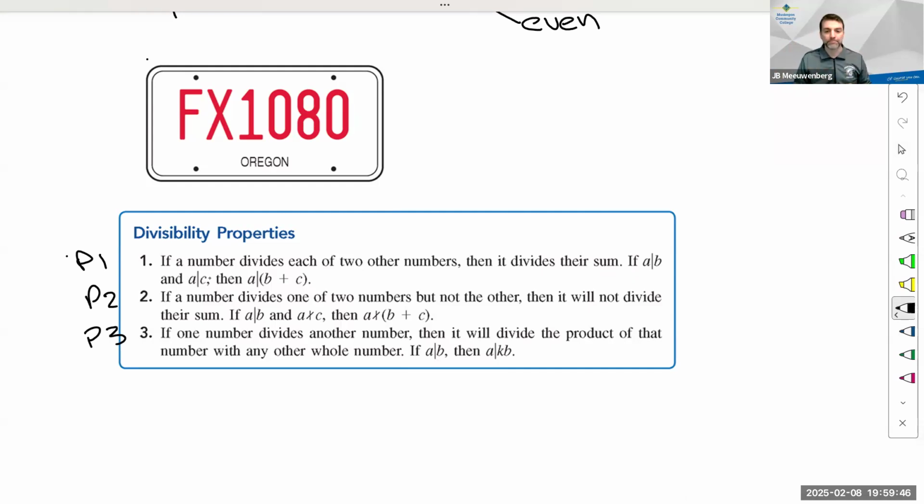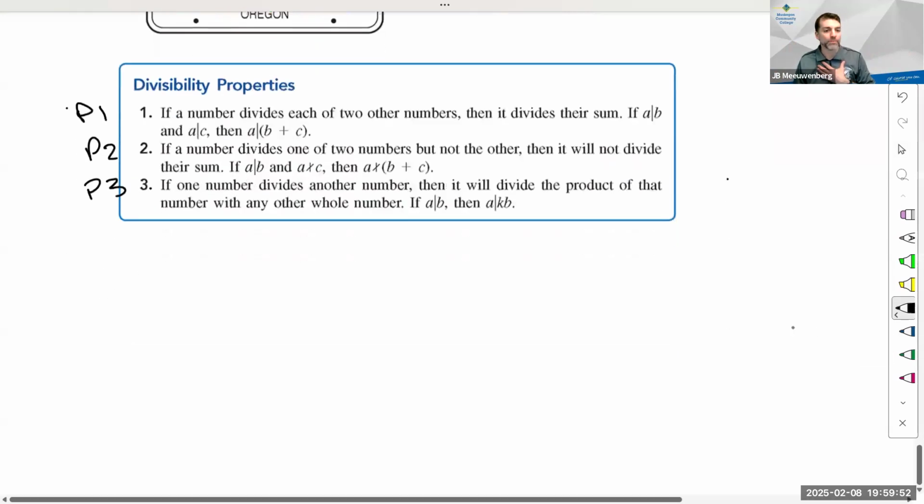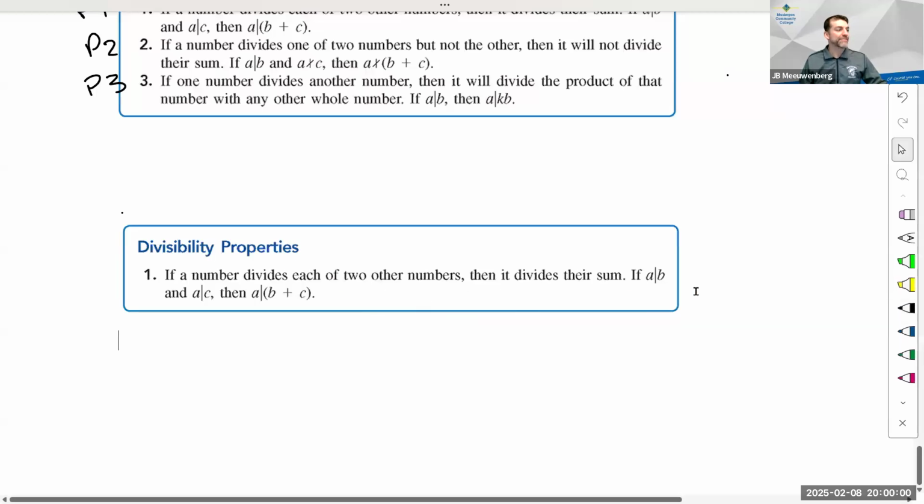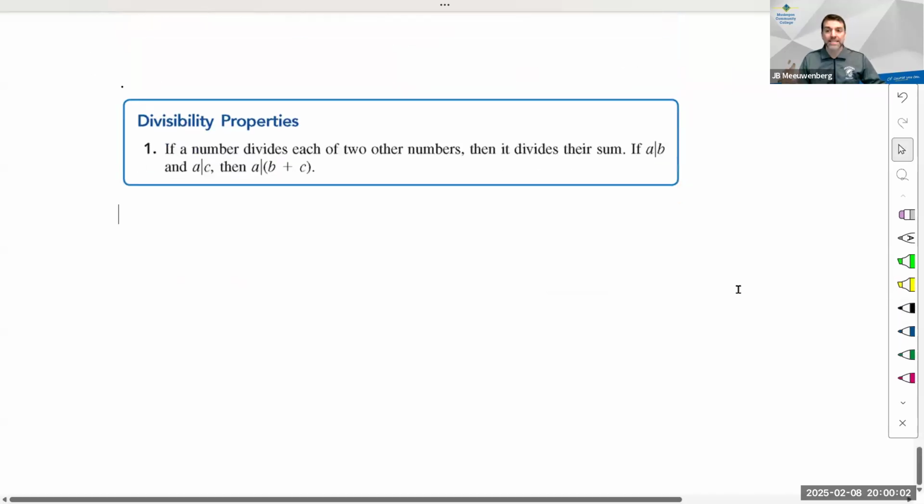So property 1. Here they all are, but I'm going to go through them each again individually. Property 1 says if a number divides each of 2 other numbers, then it divides their sum.